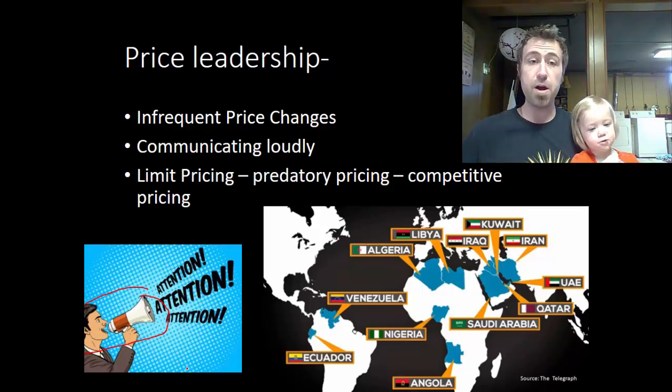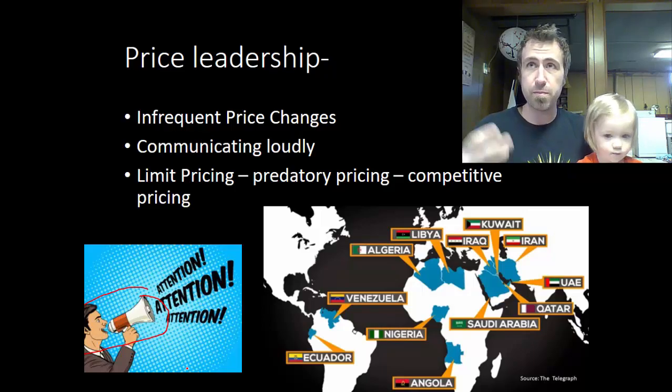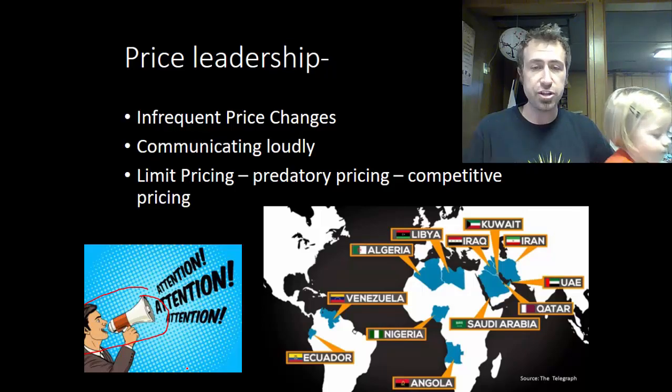Another part of price leadership, to keep themselves in power, is they might do limit pricing or predatory pricing, sometimes called competitive pricing, which is what they're doing with Russia right now. Saudi Arabia and Russia got in a political diplomatic fight, I guess you could say, and so now they're both lowering the prices to try and steal the other competitor's not profit, market share.